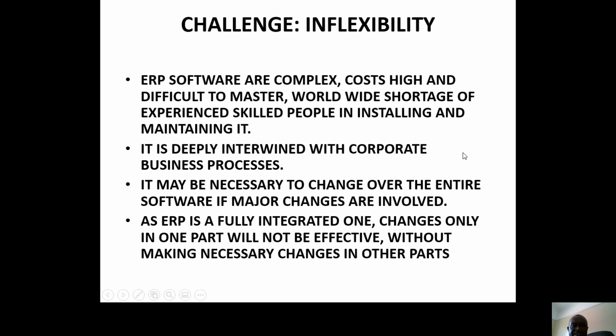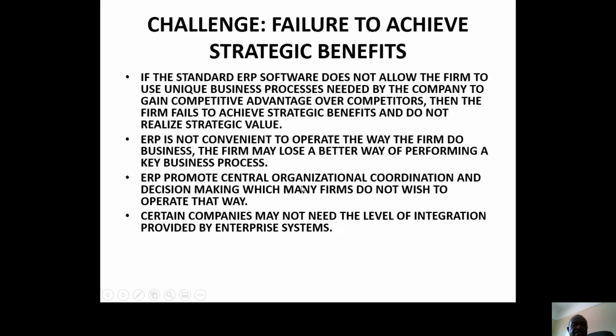That would be very unfortunate. Failure to achieve the strategic benefits is again related to all those modules which you are not using, and you are not getting the benefit out of it. Then it's a failure. Some argue: my organization is implementing a different system and we are getting rid of this. Why? Because there are problems.